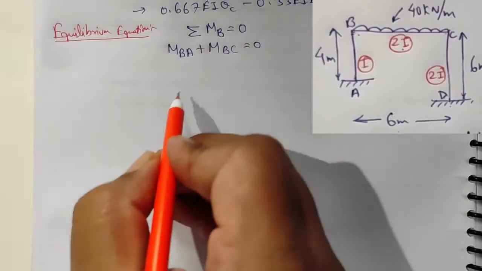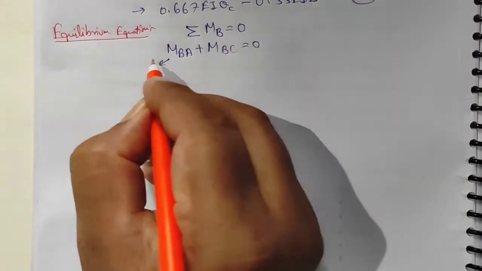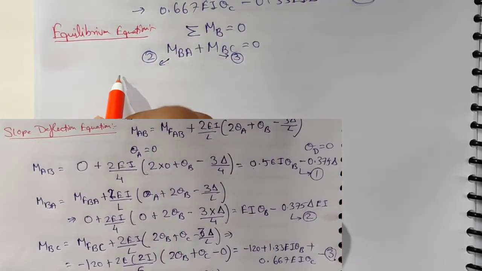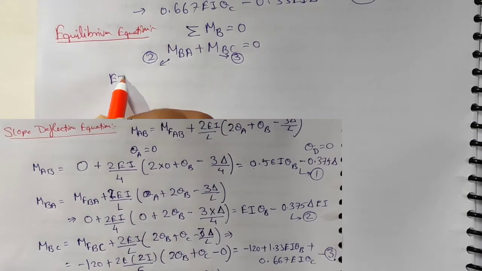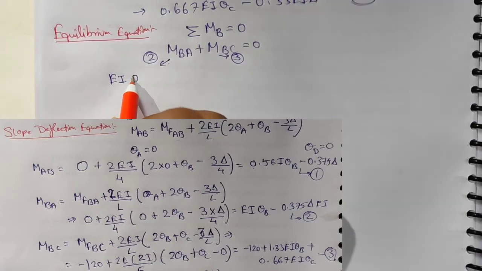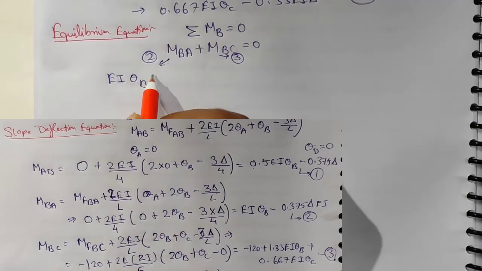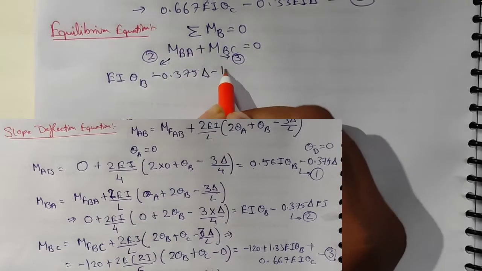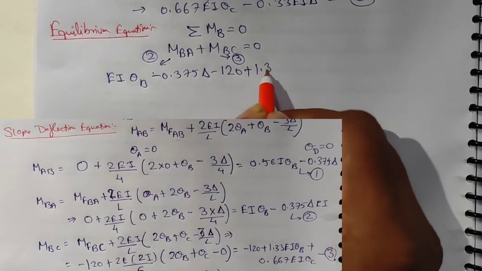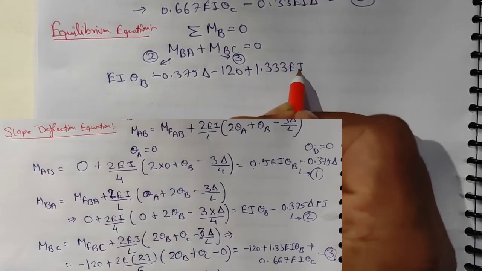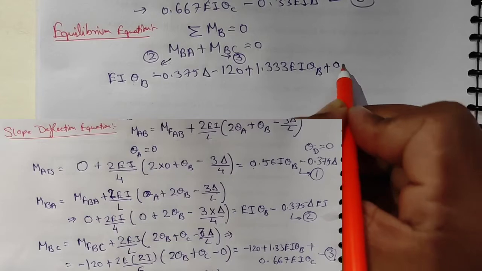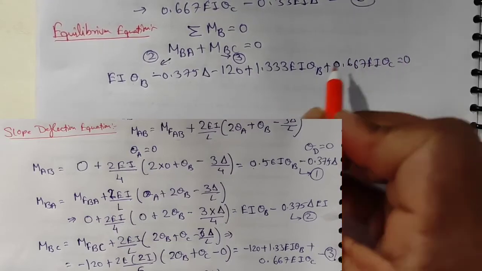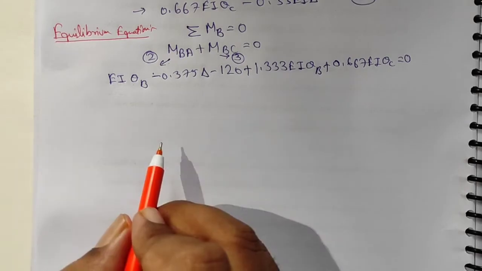Now putting the value of MBA from equation number 2 and MBC from equation number 3, as you can see on the side of the screen, the values will be EI theta B minus 0.375 del minus 120 plus 1.333 EI theta B plus 0.667 EI theta C, which will be equal to 0.